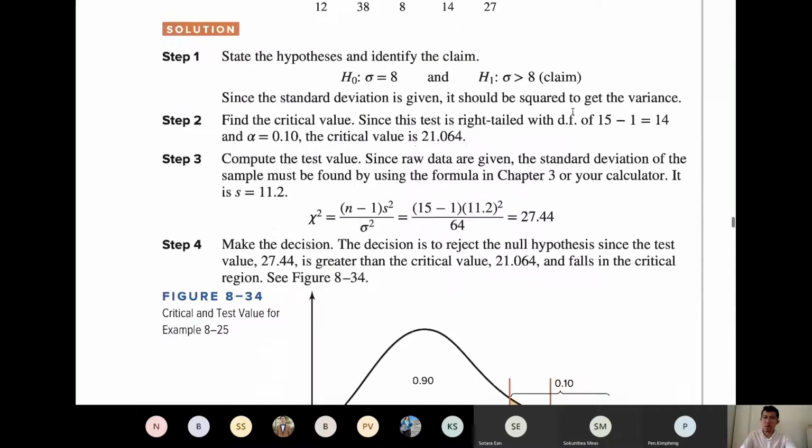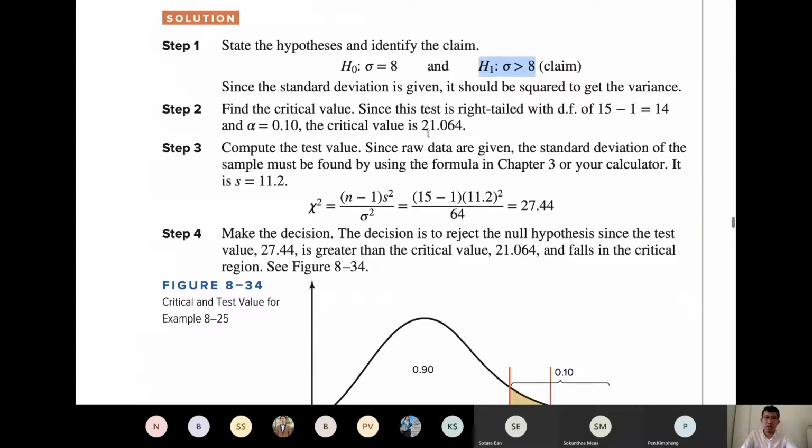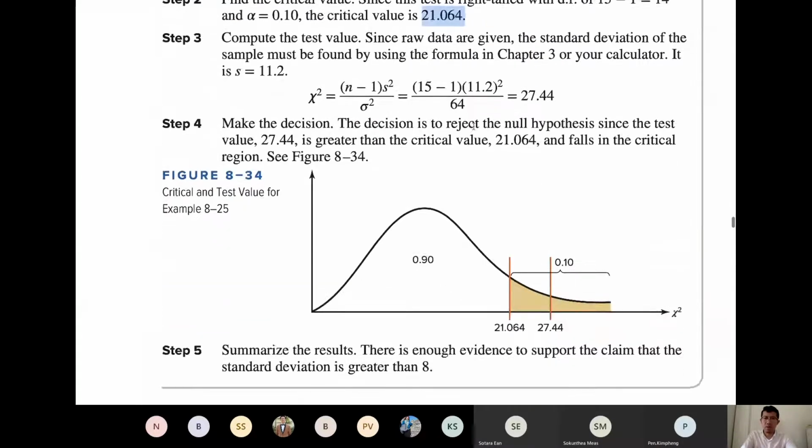The test is a right tail test or upper tail test, because the alternative hypothesis is greater than.